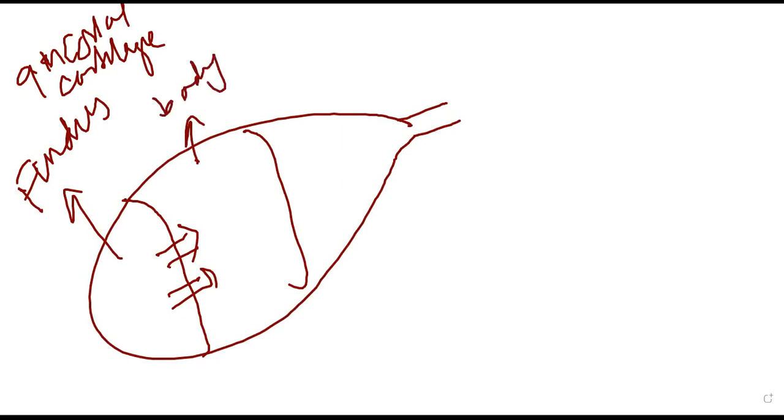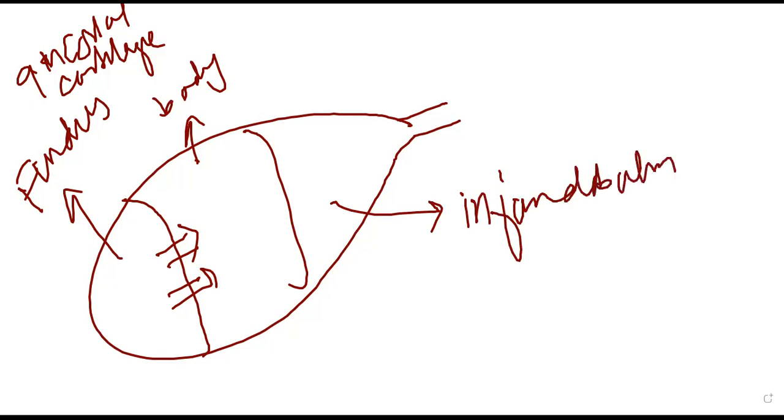Next to the body of the gallbladder is the narrower portion, which we call the infundibulum. It is the narrower portion of the body that is continuous with the neck of the gallbladder. This is the neck of the gallbladder.